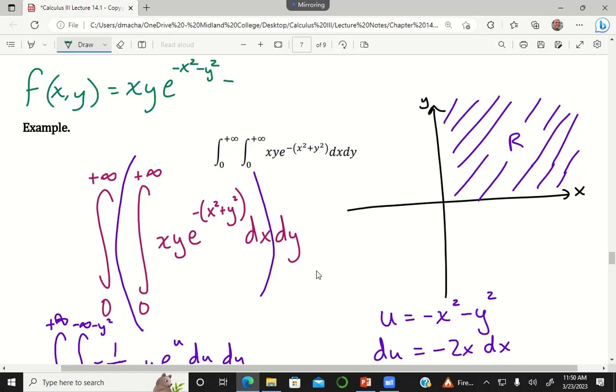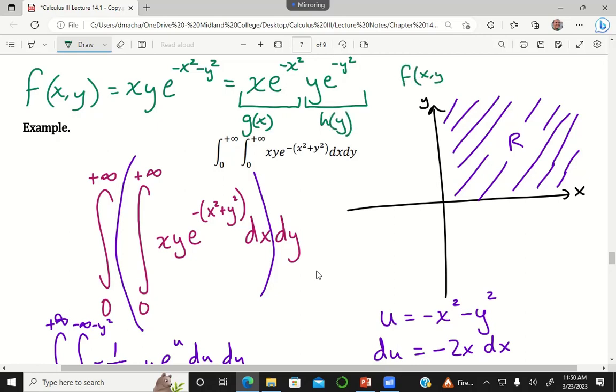I could rewrite that as x times e to the negative x squared times y times e to the negative y squared. So here is a function of only x, and here is a function of only y, right? So my integrand is just a function of just x times a function of just y.